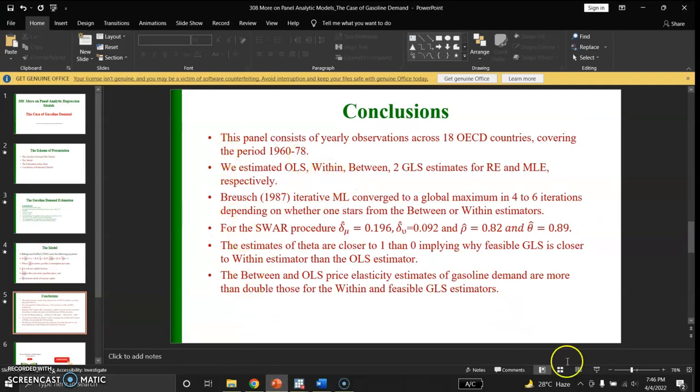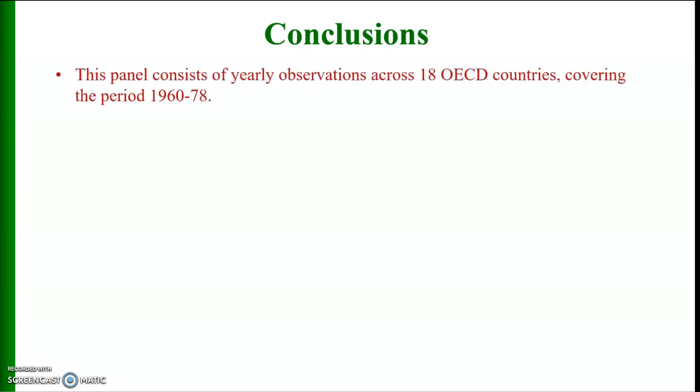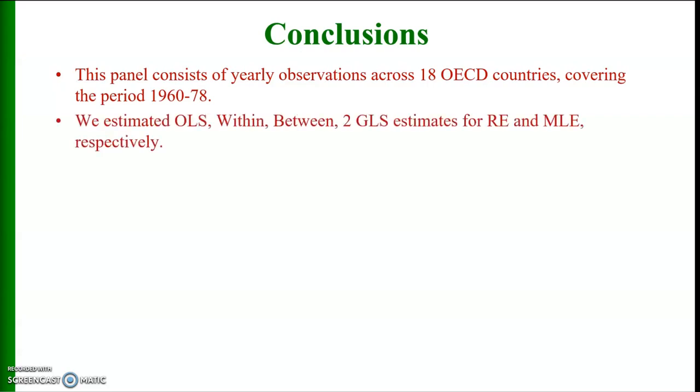If you look at this conclusion, as I mentioned earlier, this panel consists of annual observations across 18 OECD countries, which covers the period from 1960 to 78. So this is almost 19 years. We estimated the OLS, the within, the between, and 2 GLS estimates for random effect and maximum likelihood estimates, respectively.